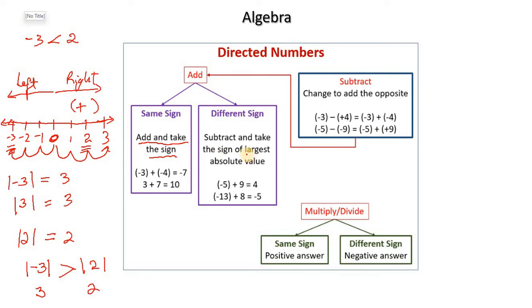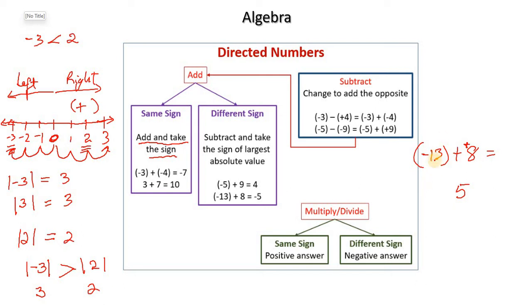So that's why they say here, subtract. Let's look at -13, and we're adding that to +8. The signs are different, so we subtract, and we're going to get 5. But which one of these has a larger absolute value, the -13 or the 8? Which one of them is further away from 0? -13.